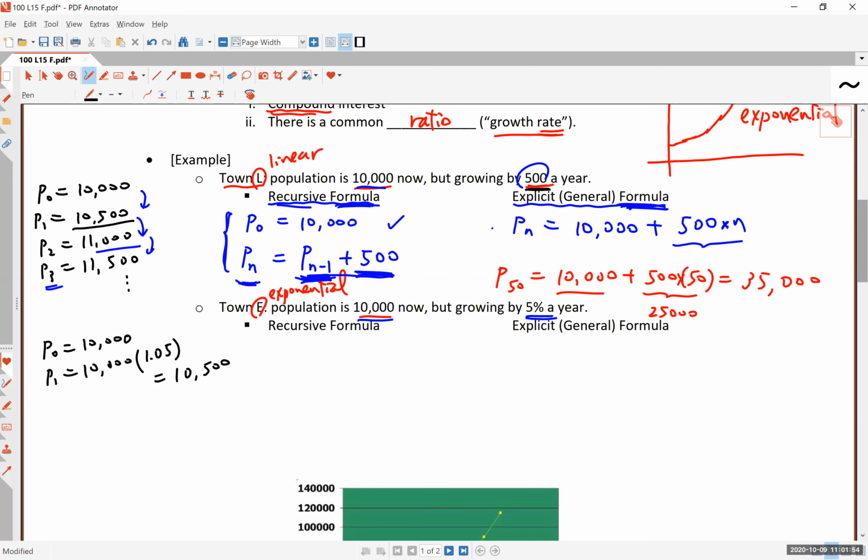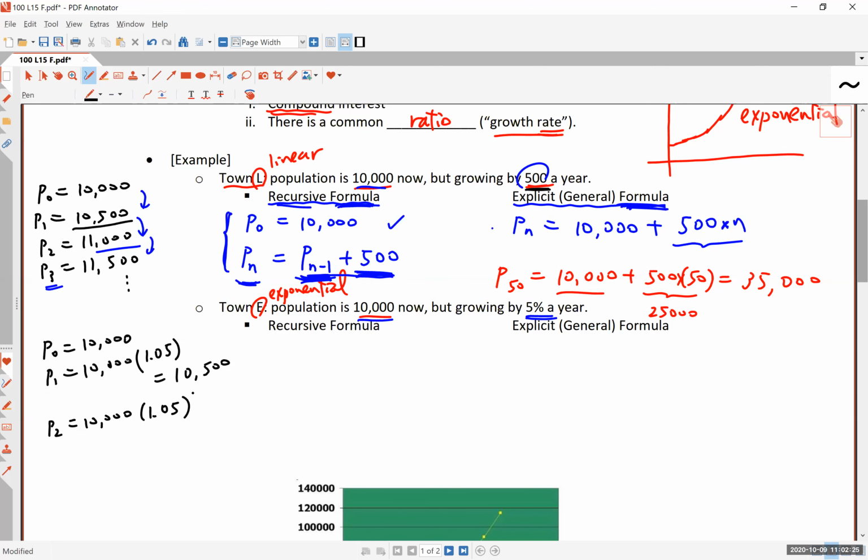So after 1 year, there is no difference between town L and town E, just like there was no difference between simple and compound interest after one compounding period. The difference, however, starts to appear in the second year, right? Now you have this as your P1, and you are going to add 5% of this, which means you multiply this again by 1.05.